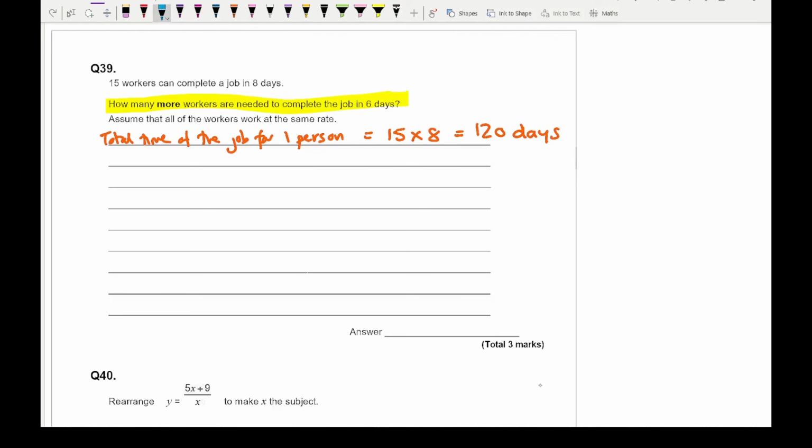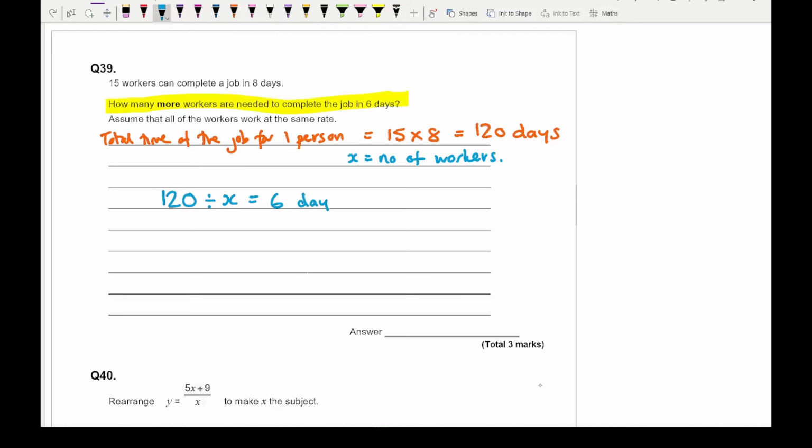So if I imagine that X equals the number of workers, and I want this job to be completed in 6 days, then if I know it's a 120-day job for one person, this is the calculation I need to do. So I want 120 divided by something, which number of workers gives me 6 days.